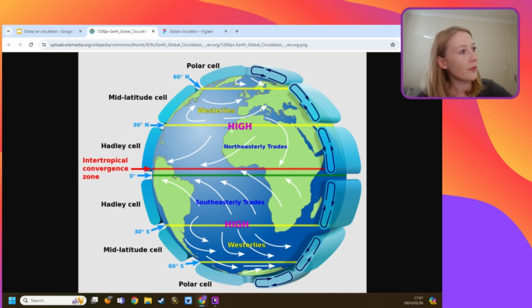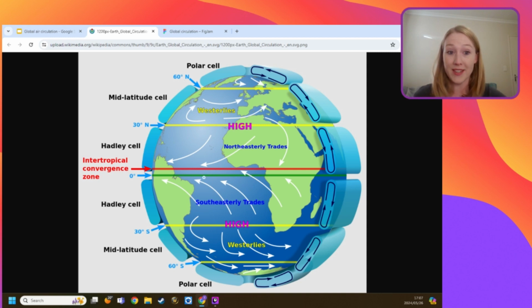Then the high pressure cells in the northern hemisphere are trying to blow towards the low pressure at the equator, and now it's deflected to its right. Remember, you have to imagine yourself standing over there, looking towards that direction, and then move to the right. That is how the wind blows.